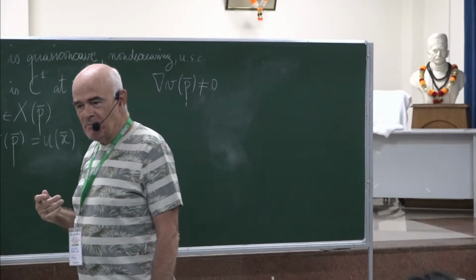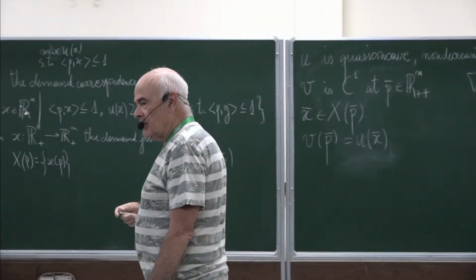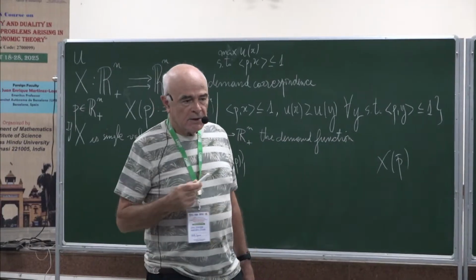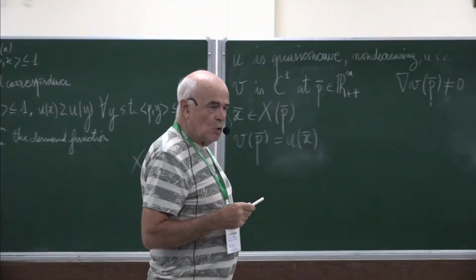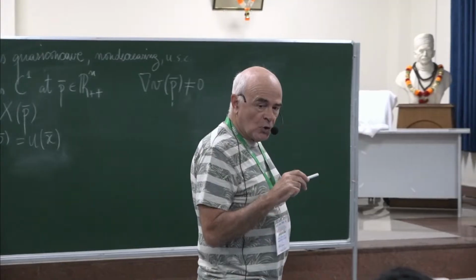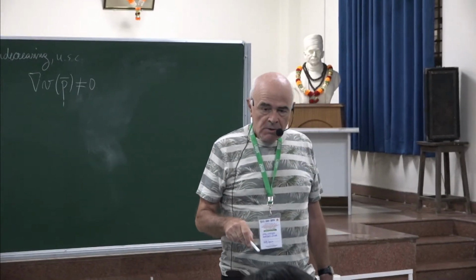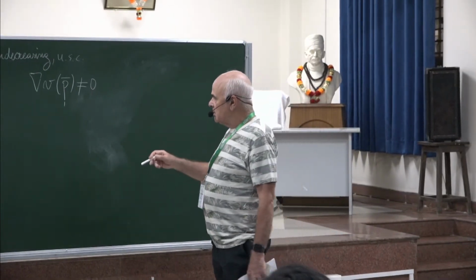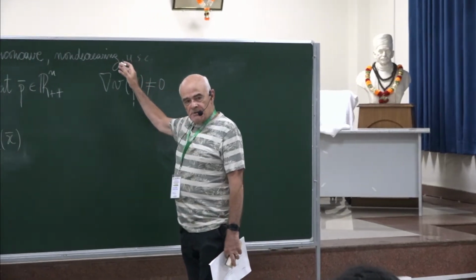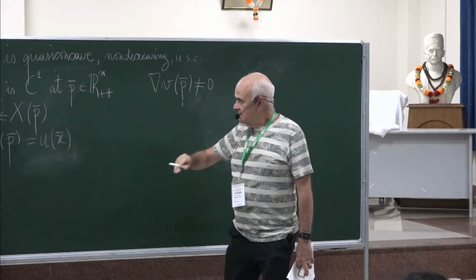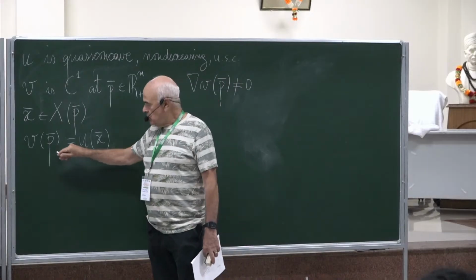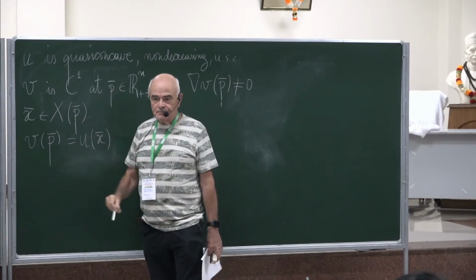Now it's time to enjoy and consume. No. We saw that under these assumptions, we can recover U from V. So if you tell me that your utility function satisfies all these regularity properties, then I know you are U. I can deduce you are U from you are V.